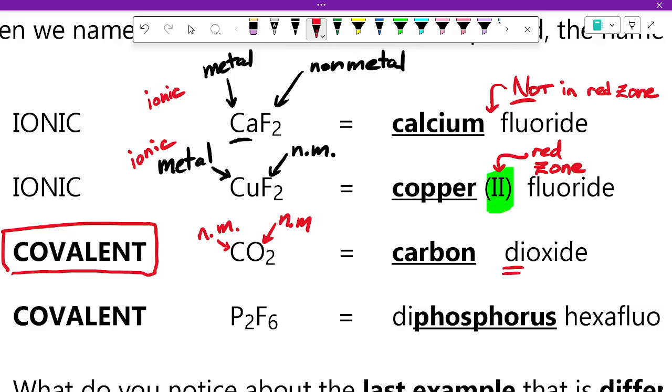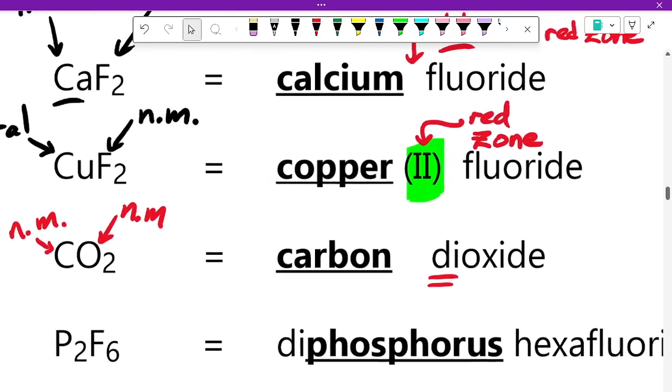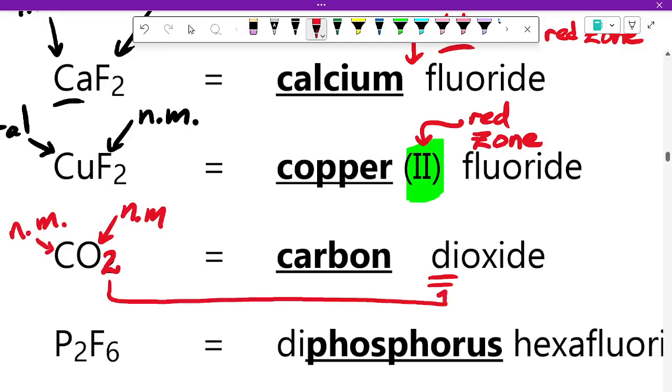Look at that. How many oxygens do we have in carbon dioxide? There are 2. And guess what we call it? We call it carbon dioxide. Yeah?